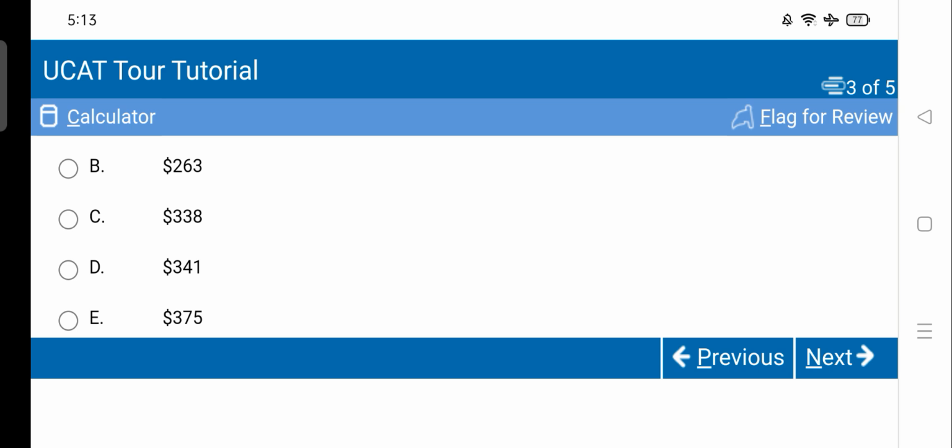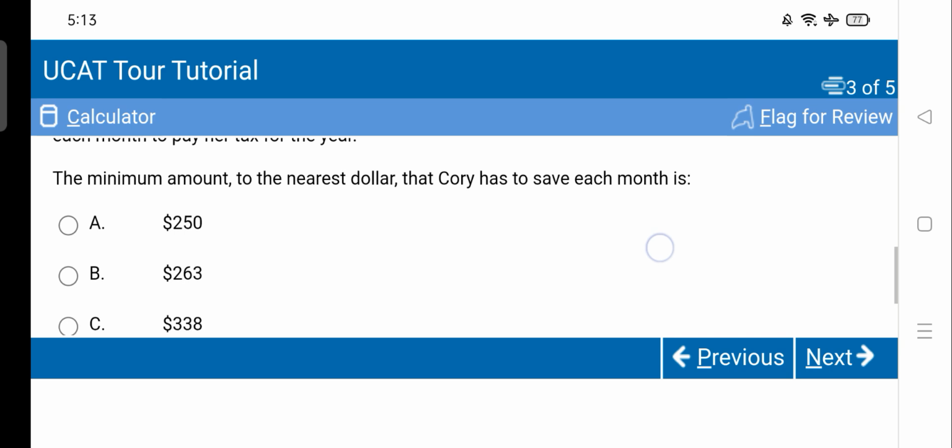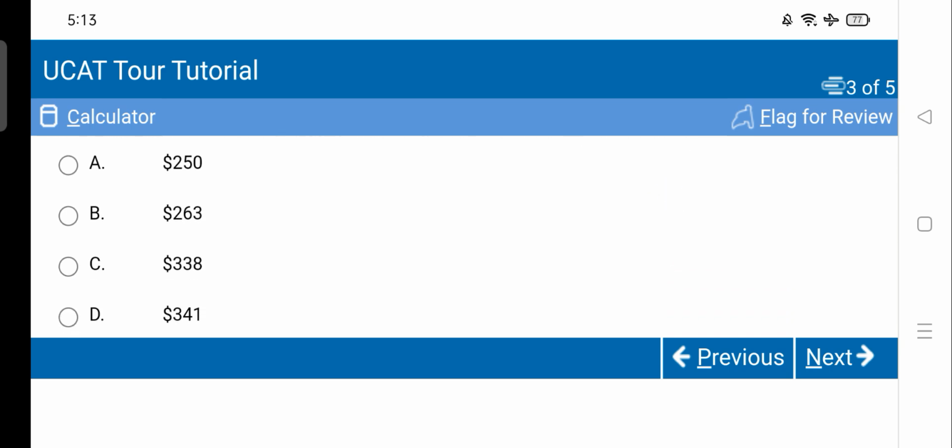So 5 options will be given in this portion and you have to choose the one right option. Okay, now if you don't know the answer to this question, then you can flag it like this for review, so that you can complete it in the last.